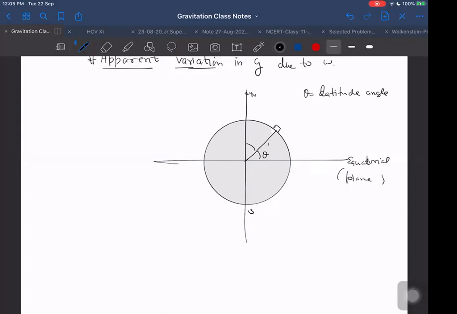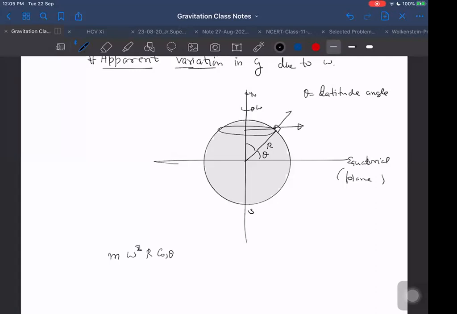This is radius r, and it is rotating about the geographic axis with angular velocity omega. Then what will be the centrifugal force acting on it? I think we can find out. Centrifugal force will be equal to m omega square r cos theta.